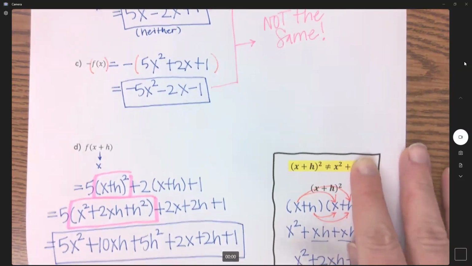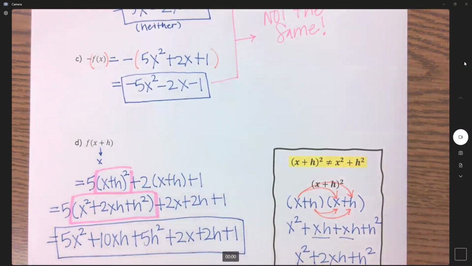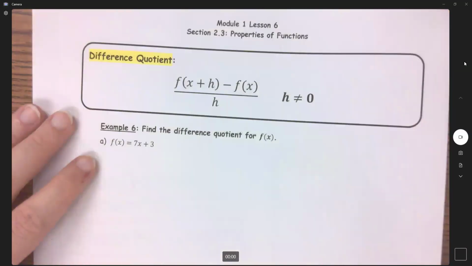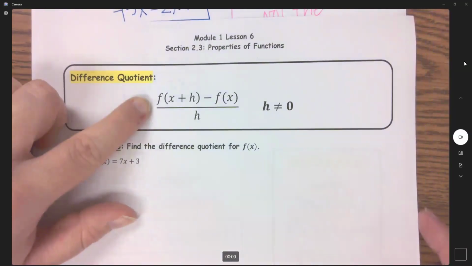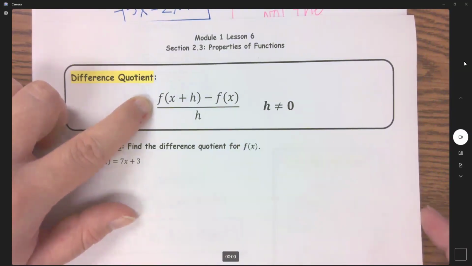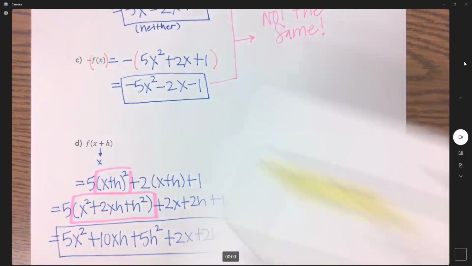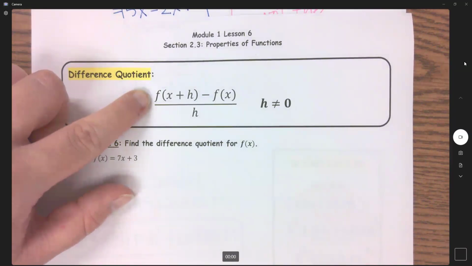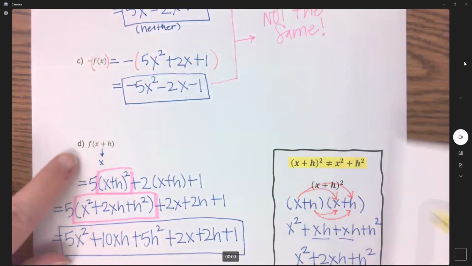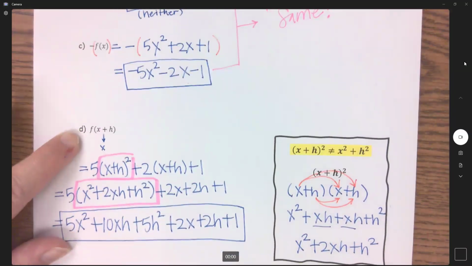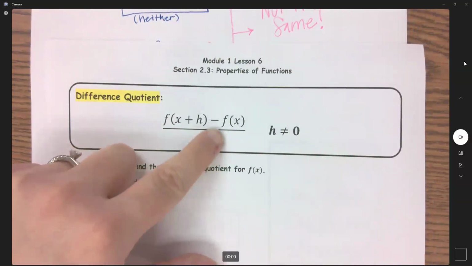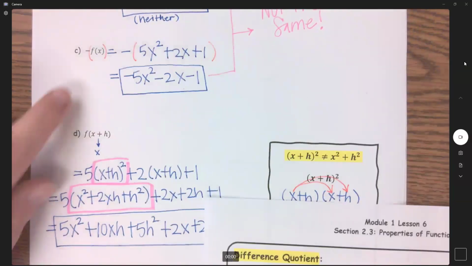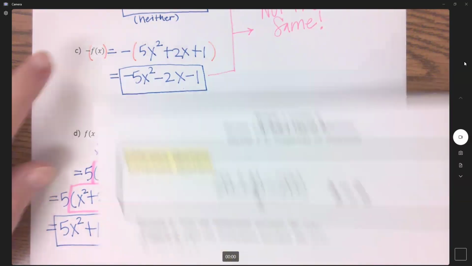Now next video, we're going to go over the difference quotient. The difference quotient is f of x plus h, which is what we did right here on D, minus my f of x, which is what we did right here on C, all over h.